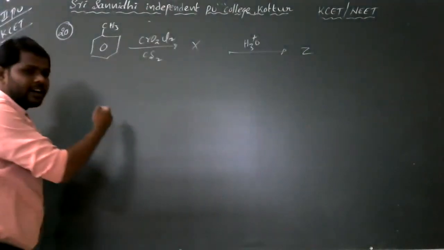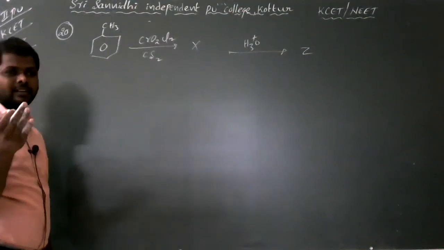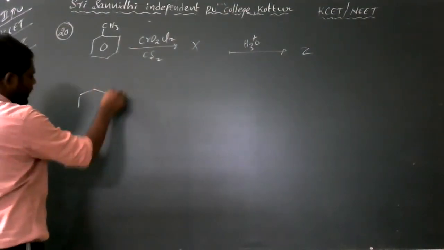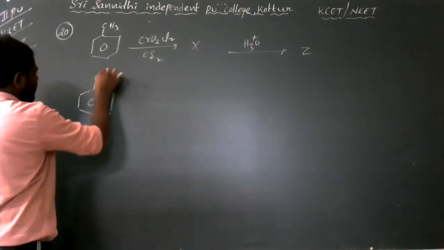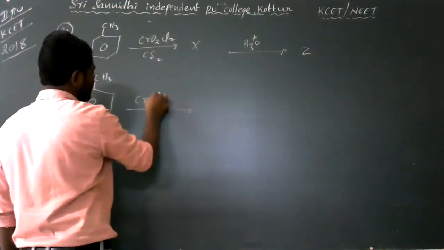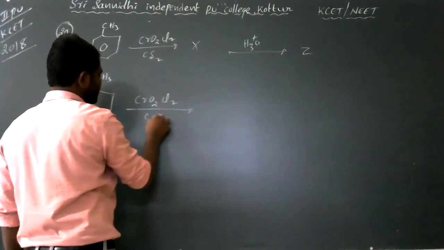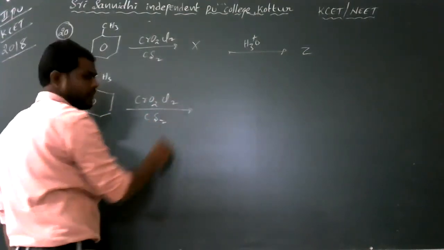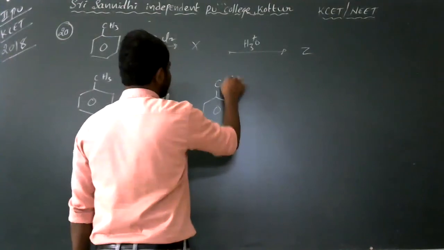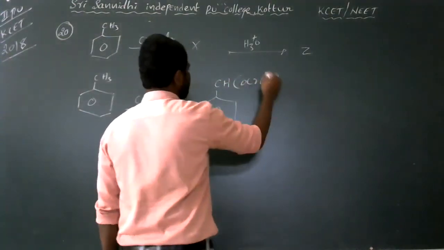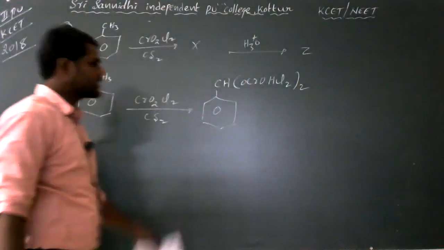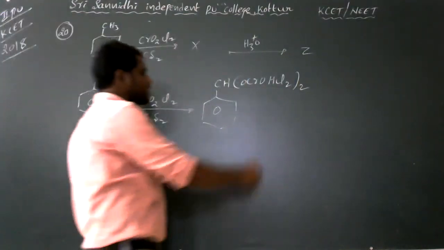This is called the Etard reaction. You know this well already, it is a named reaction. When toluene, also called methyl benzene, is treated with chromyl chloride, CrO2Cl2, in the presence of carbon disulfide, it undergoes oxidation and gives the chromium complex, C6H5CH(OCrOHCl2)2.